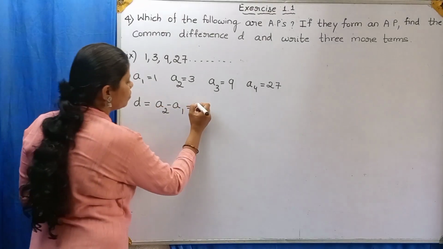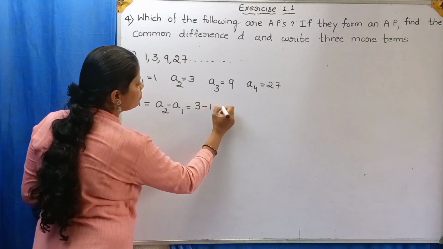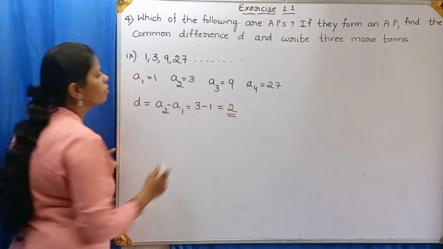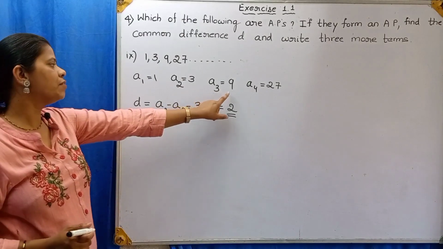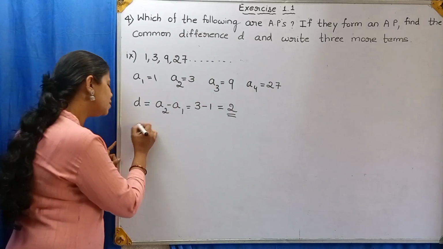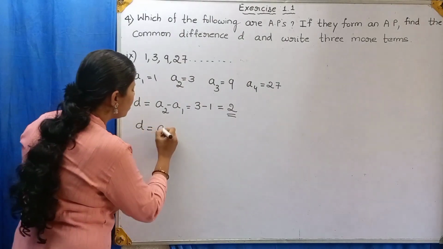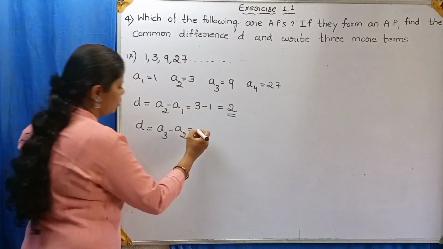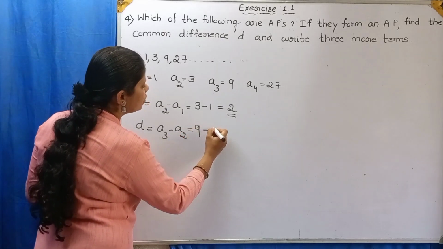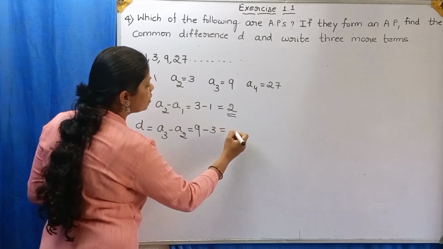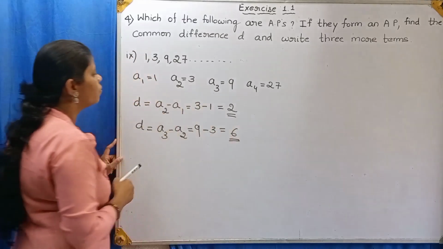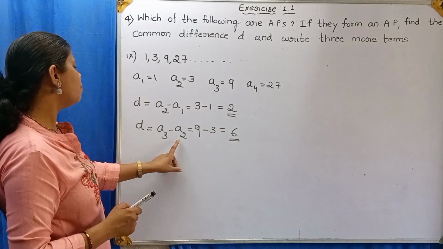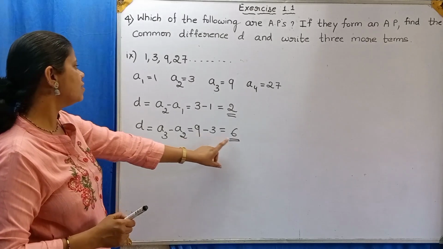That is 3 minus 1 is what? 2. Now let us find out the difference between these two. That is D is equal to A3 minus A2 is equal to 9 minus 3. 9 minus 3 is 6. Okay. A3 minus A2, that is 9 minus 3, it is 6.